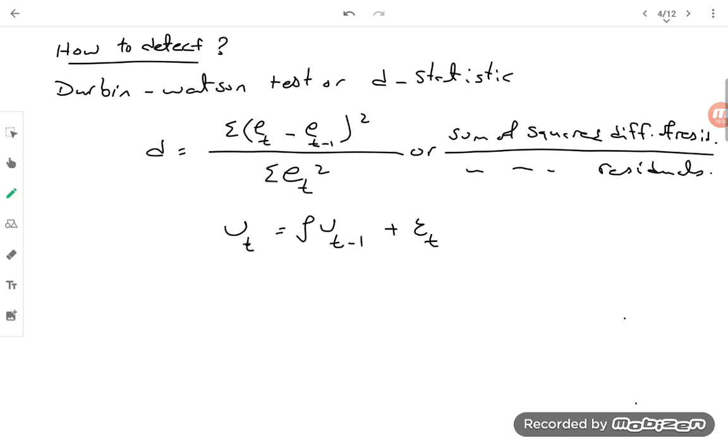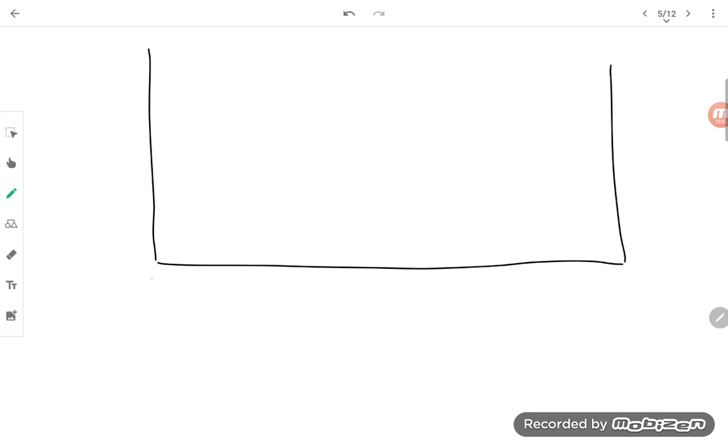In case of Durbin-Watson, there are two different critical values. As we said, in F and t, there is only one critical value, but in case of Durbin-Watson, there is an upper limit and lower limit based on the number of observations and degrees of freedom. The value of Durbin-Watson varies from 0 to 4.